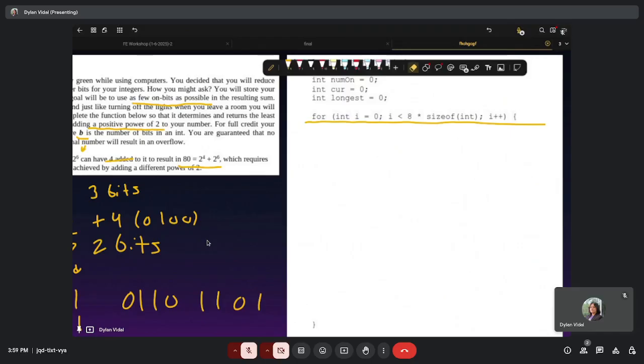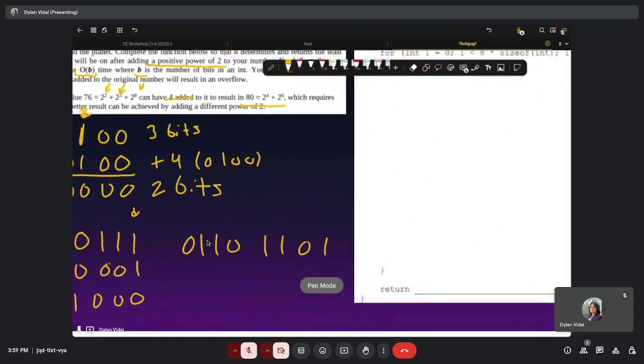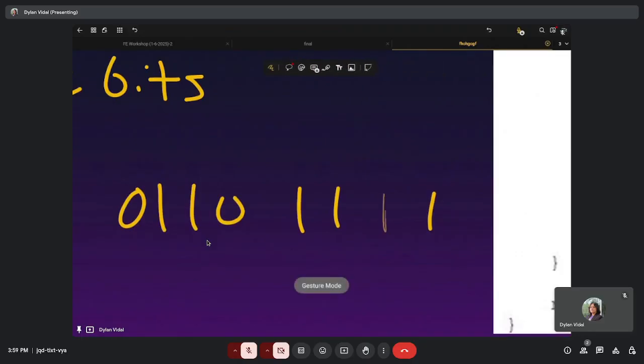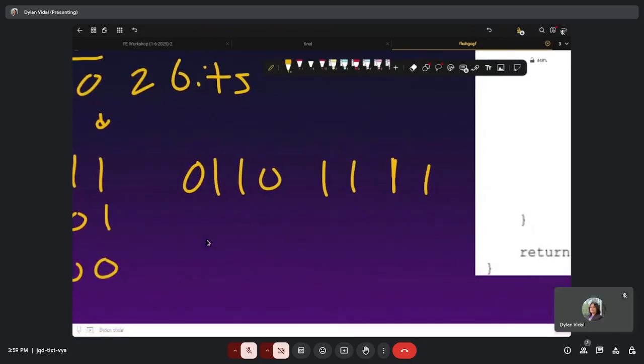And so we're going over here. We know we're going to be looping over each position. So essentially what we can do, and let me give a better example here, is iterate over this number and find the longest sequence of consecutive ones. That is our target. We want to turn that off by adding a 1 at the start.